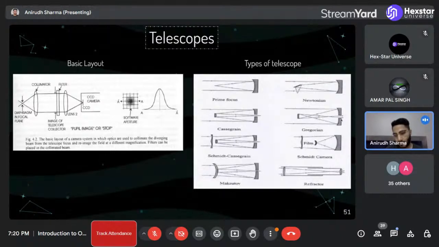And then there are multiple other types of formations and combinations that you can use for these kinds of telescopes, and you can figure out the best telescope for you, whatever your use case is.